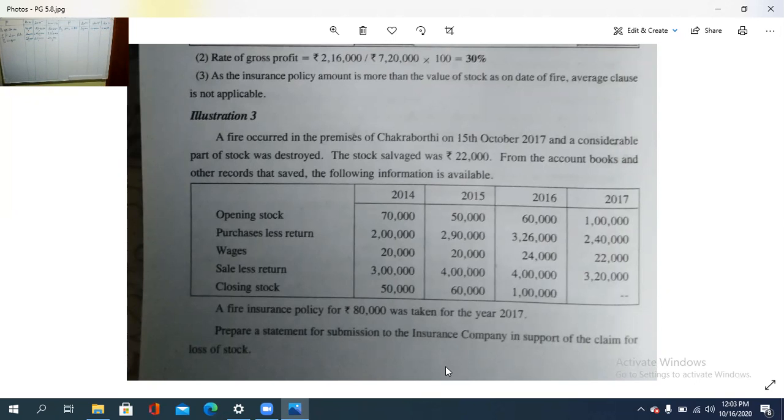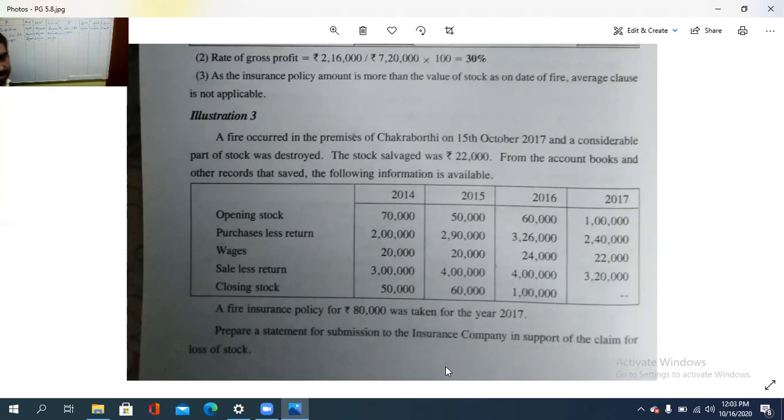Okay. Then closing stock already given in the question. This is not the trading account, memorandum trading account, but this is the working for the calculation of 2017 gross profit ratio.